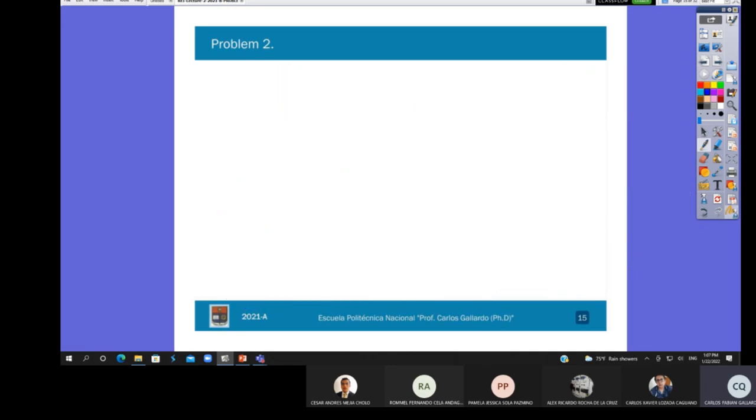So I need to compute the per unit values. I am working on the stator side. I need to compute the per unit values, so for that I need to select a base. So I will say the base voltage on the Park transformation for the stator is equal to the square root of 2 times the stator voltage base.